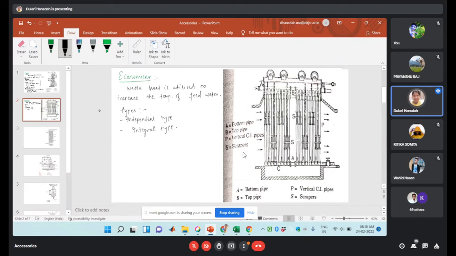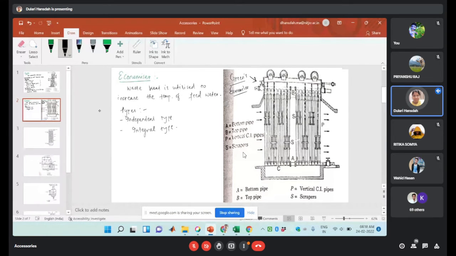Okay. So this is the diagram for the independent type of vertical tube economizer, also known as the Green's economizer. Independent type economizer means this type of economizer is placed outside the boiler setting, or we can say it is installed in a chamber apart from the boiler setting.